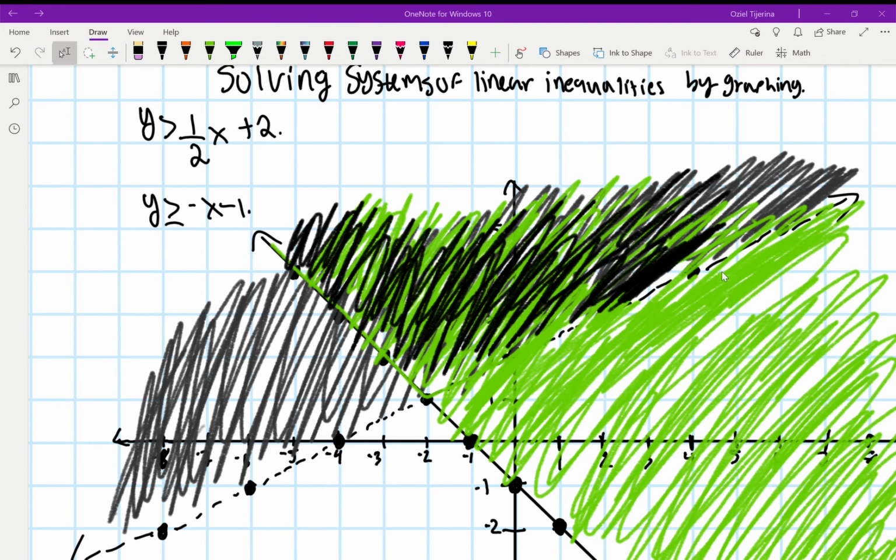Okay, so you see this entire area that's red and blue? This entire part right here is your solution set.